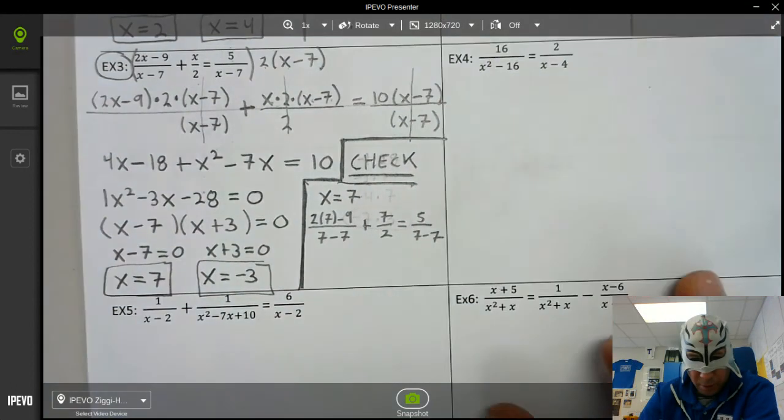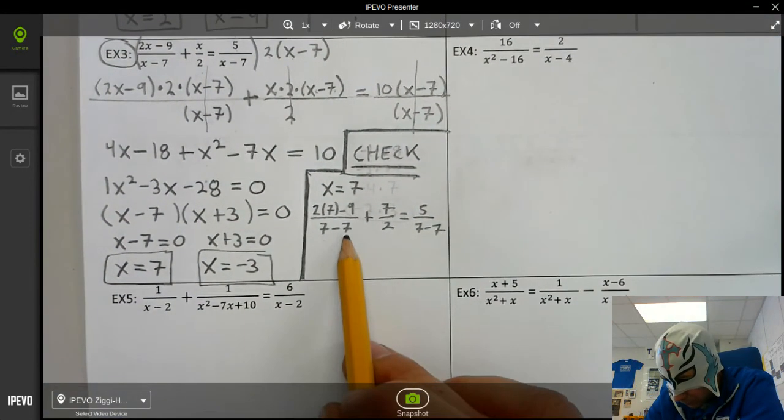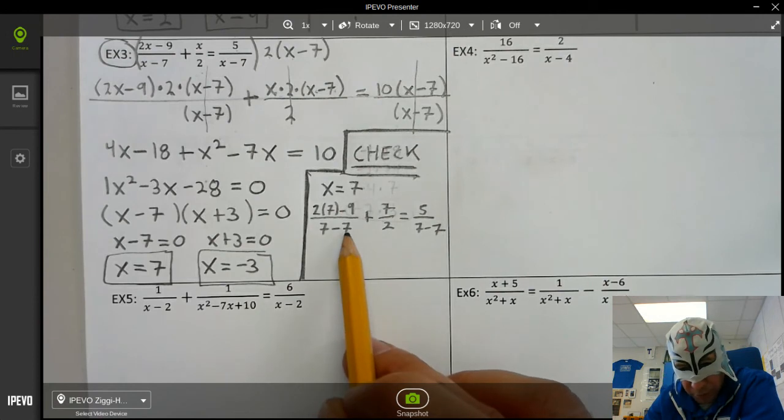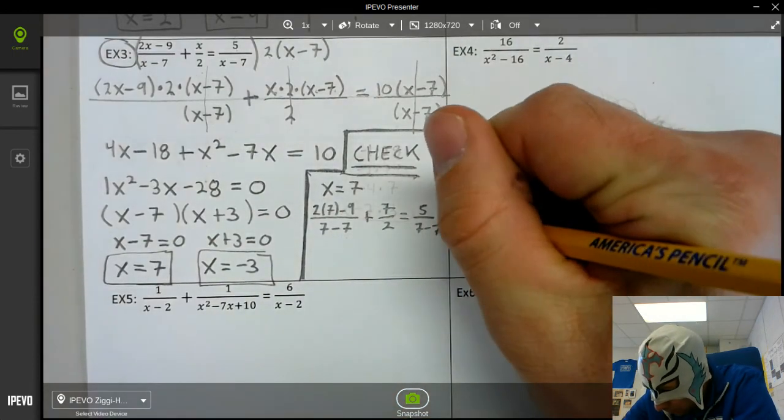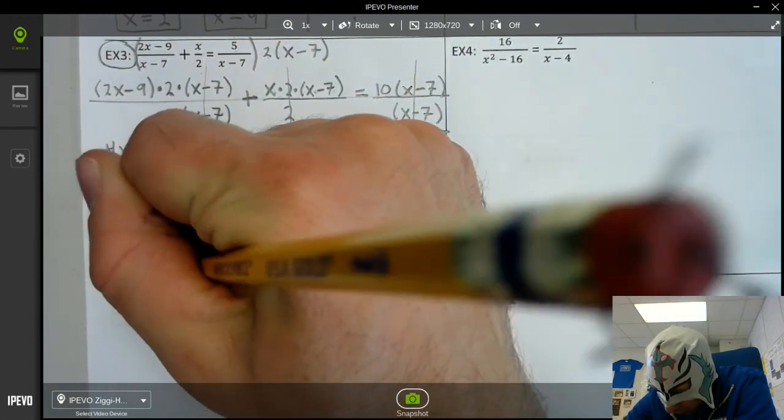All right, so what I'm hoping you see is that 7 minus 7 is 0, so you'll get a number divided by 0, which is undefined. So our 7 is an extraneous solution.